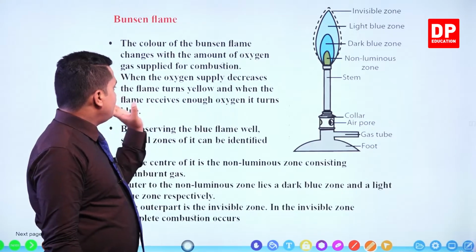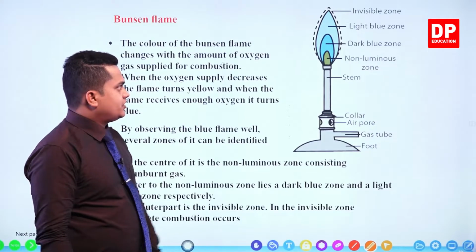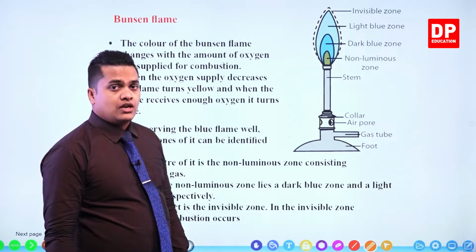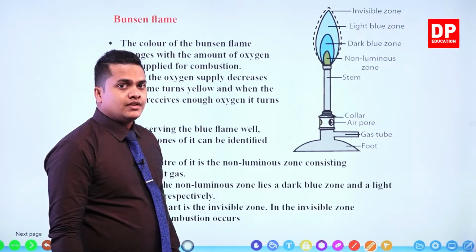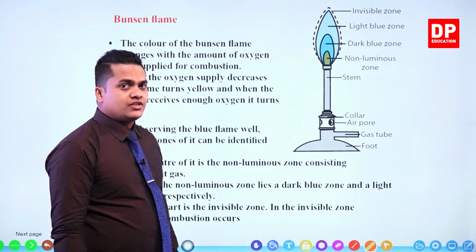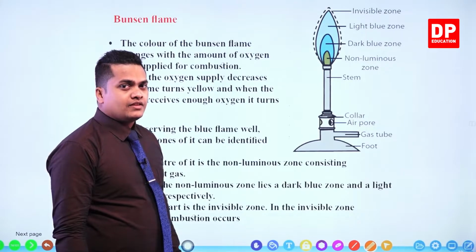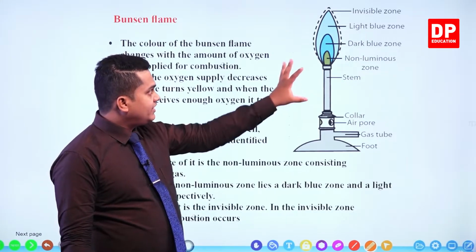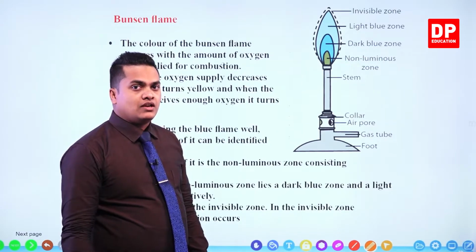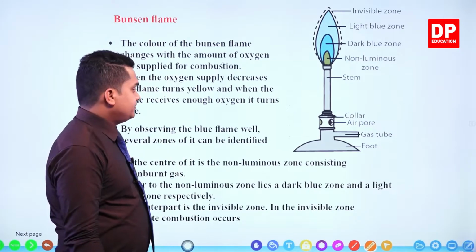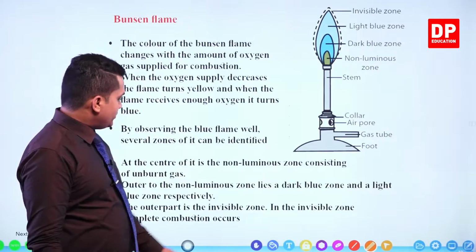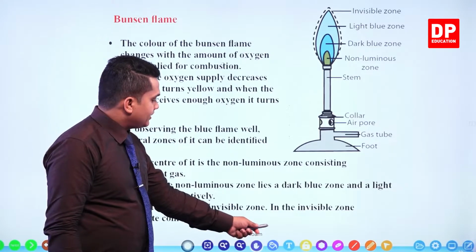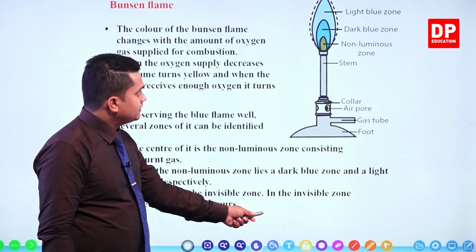And when there is enough oxygen in the system, the flame is going to turn blue. In this figure, you can observe that blue flame. I'll take the slide somewhat up.